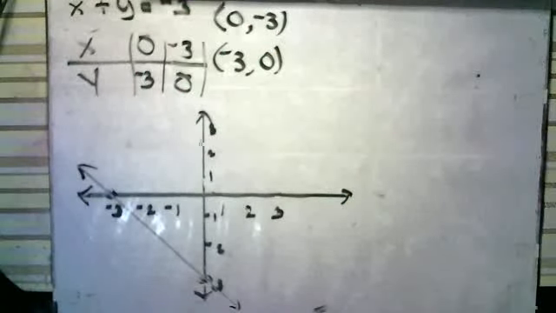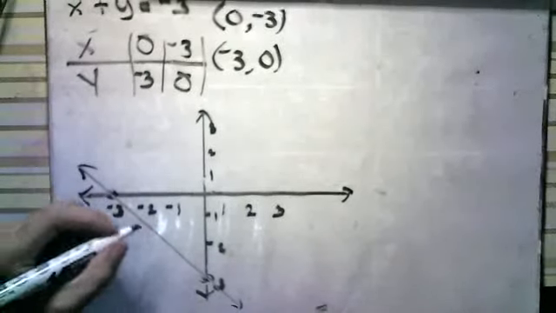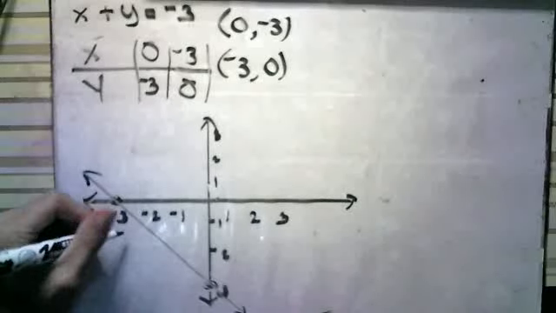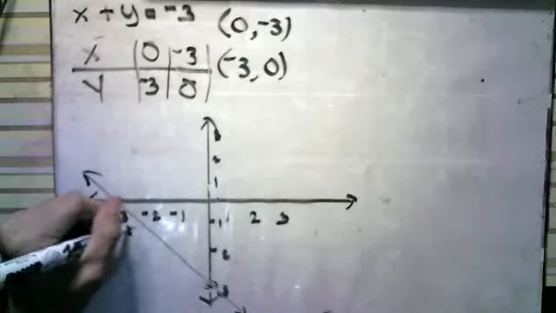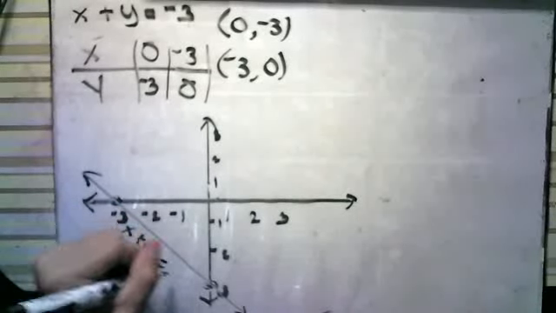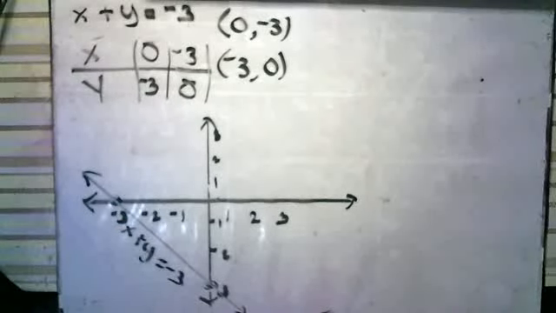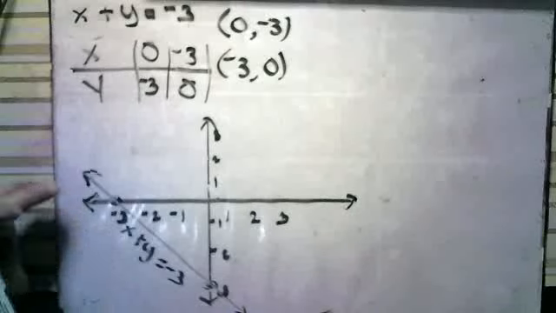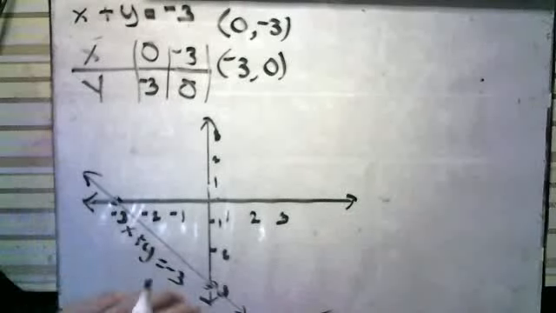That is your number 2. And after that, after you make that linear line, you need to write the linear equation beside the line. That will be x plus y is equal to -3. So, yun yung pangalan ng line na yan.